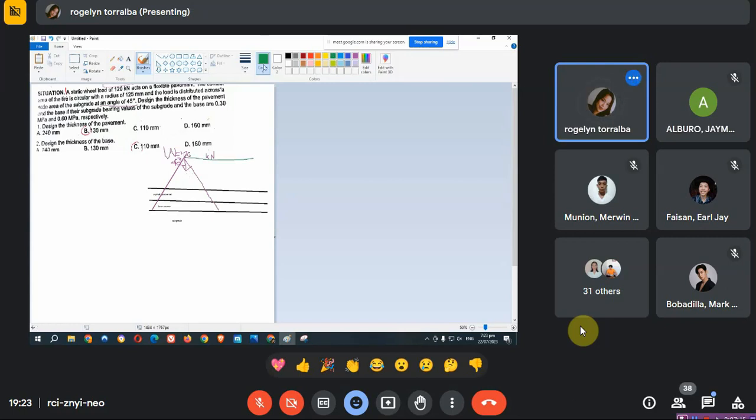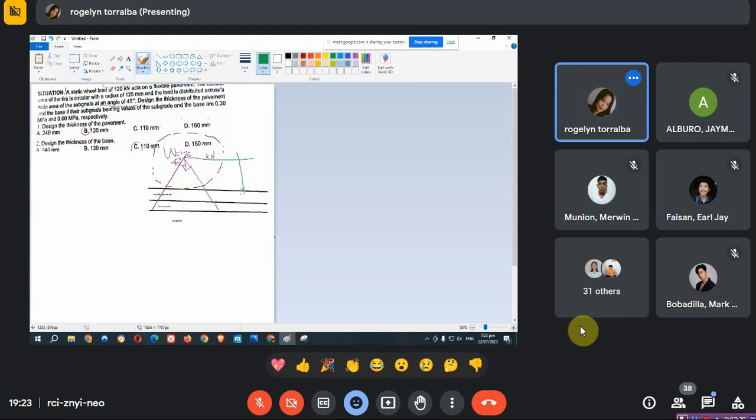Notice, class, this is an imaginary wheel, right? In short, the force is centroidal. Let us say this circle is the wheel, and it represents that weight.